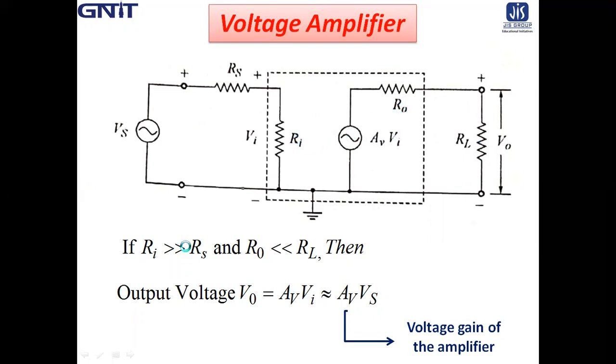Now if Ri is much greater than Rs and R0 is much less than RL, then what will be the output voltage? The output voltage V0 is equal to AV into Vi, where Vi is the internal input voltage, which is equivalently the same as Vs. So AV is the voltage gain of the amplifier.